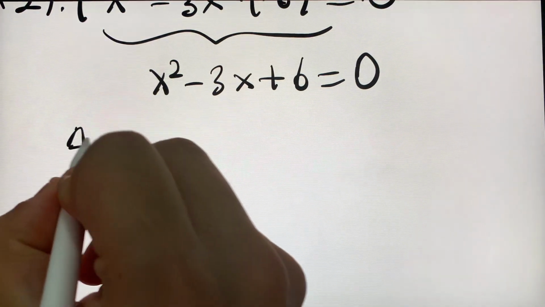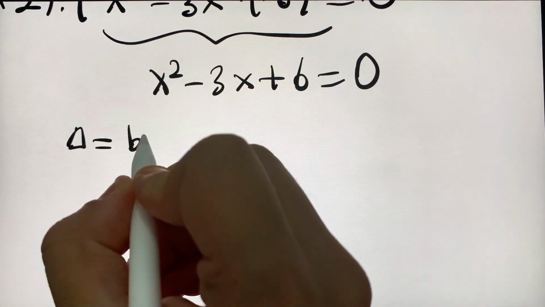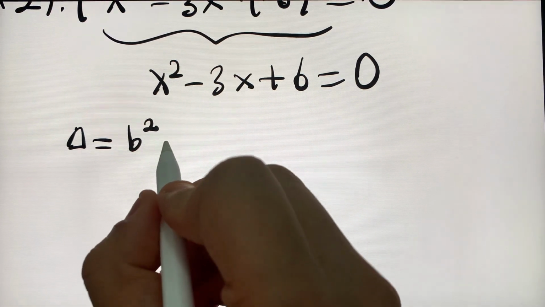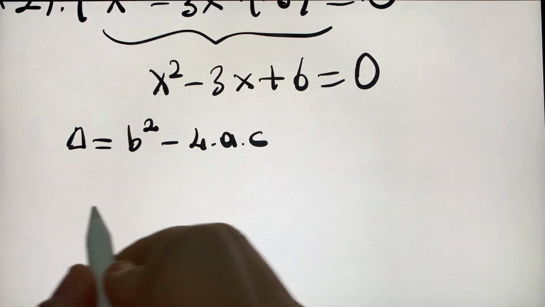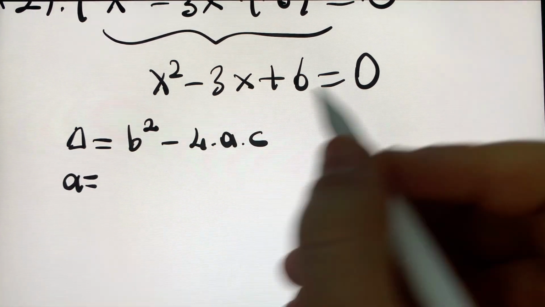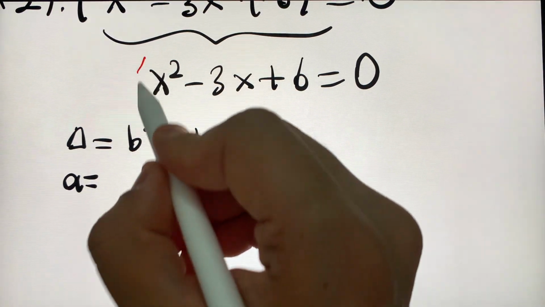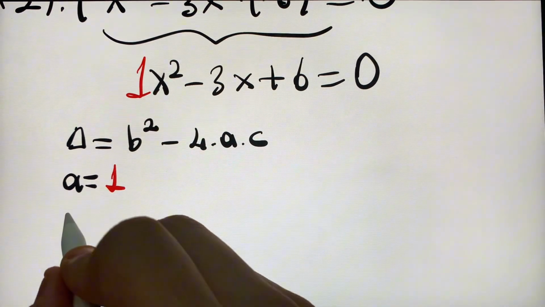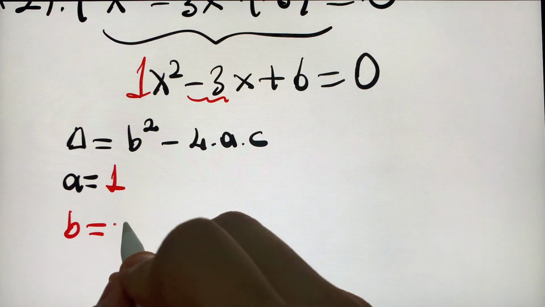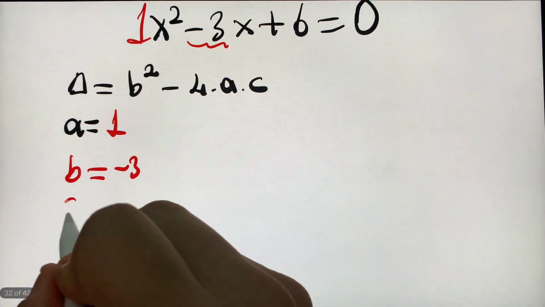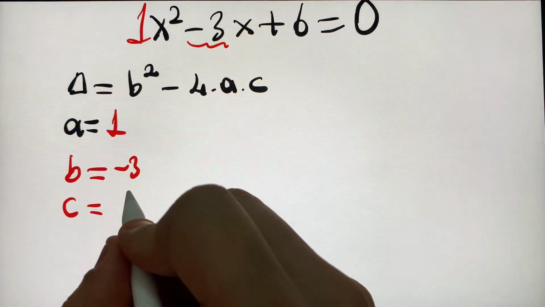What did we call delta? Let's remember immediately. b squared minus 4 times a times c. So what is the expression we call a here? The leading coefficient of the highest degree term, 1. The expression we call b is the coefficient of x, minus 3. The expression we call c is the constant, 6.